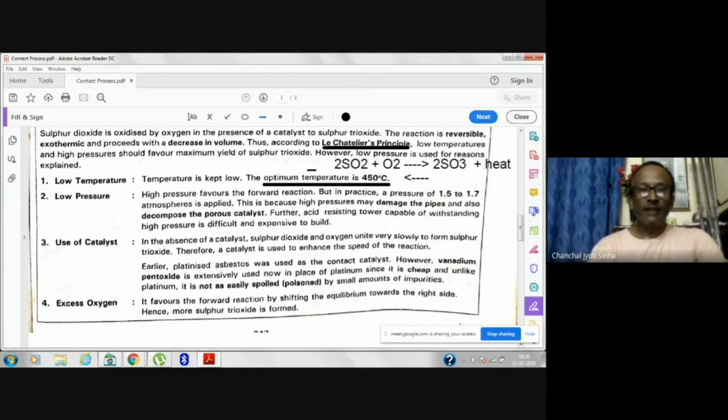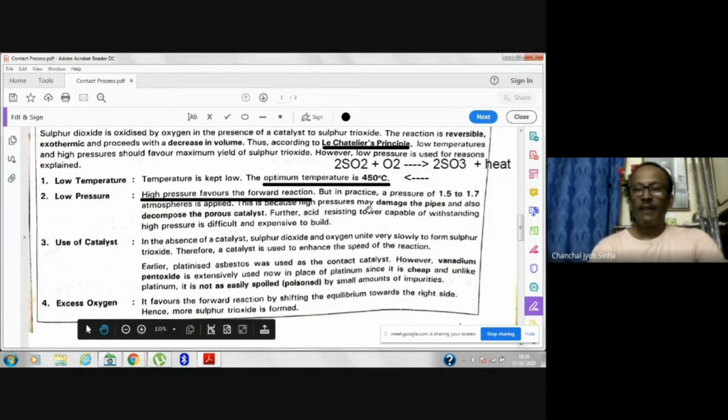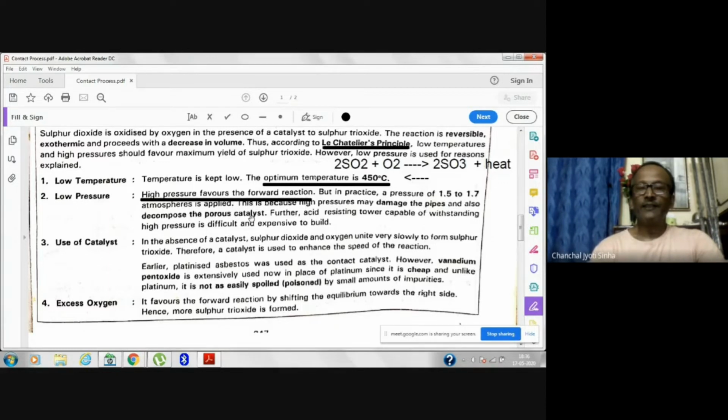So according to Le Chatelier's principle, high pressure favors the forward reaction. But actually, high pressure may damage the pipes and also decompose the porous catalyst.